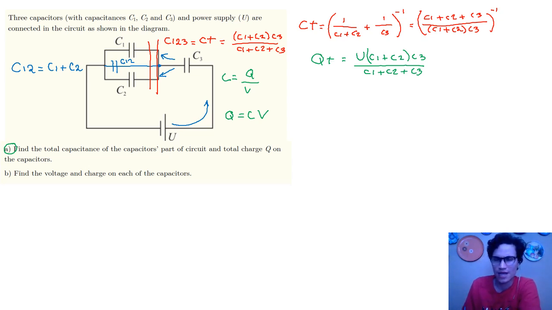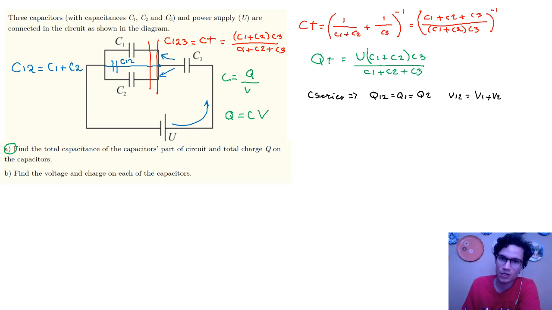We know that if we have two capacitors in series, the charge of the combined two will be equal to the charge 1 and equal to the charge 2, and the voltage 1,2 will be equal to the sum of voltage 1 plus voltage 2.